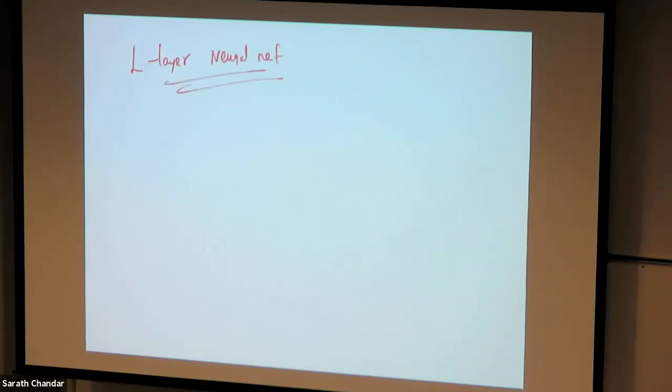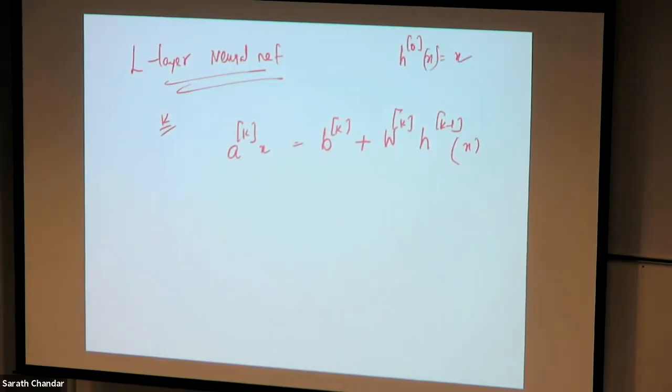So for each layer k, my pre-activation is given by a_k(x), which is basically b_k plus W_k times the input from the previous layer, h_{k-1}(x). We are going to assume h_0(x) to be x.